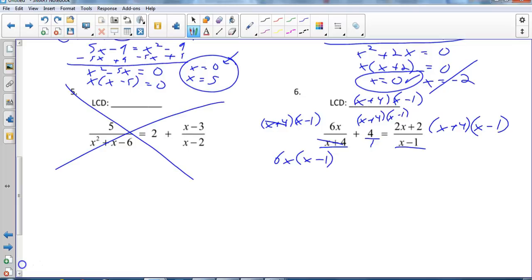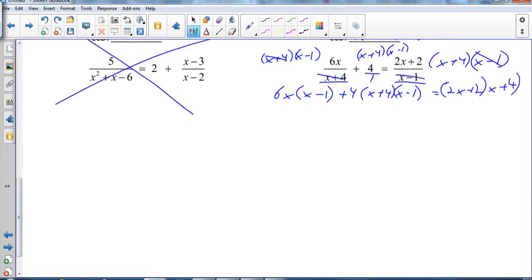Once again, if you want to distribute right away, you can. Plus 4 times the entire thing, x plus 4, x minus 1. We have a little bit of work here. Equal to, the x minus 1's cancel, and we get 2x plus 2 times x plus 4. Now we just have some foiling and distributing to do, and we're on our way. 6x squared minus 6x.